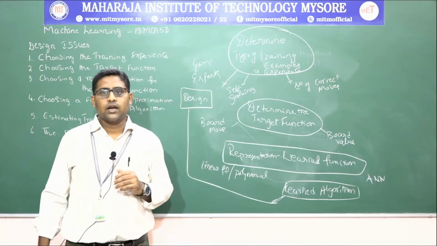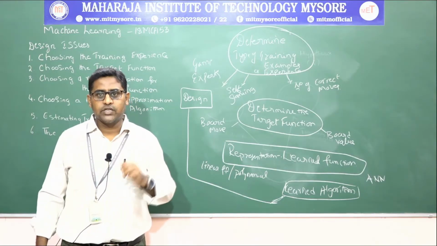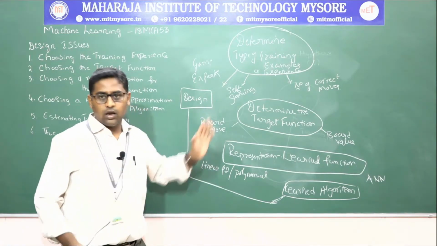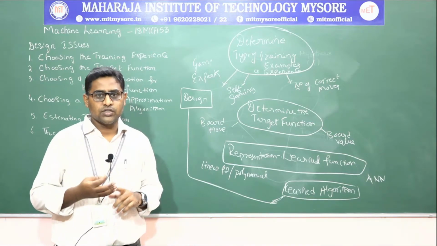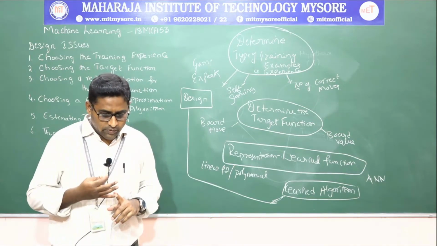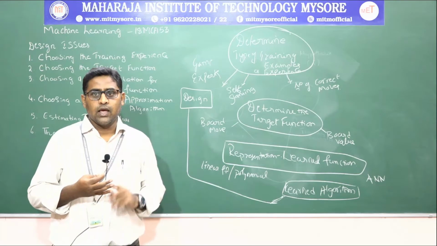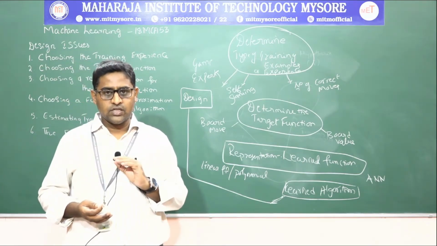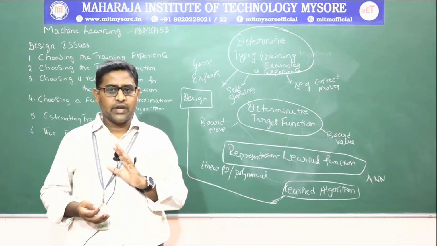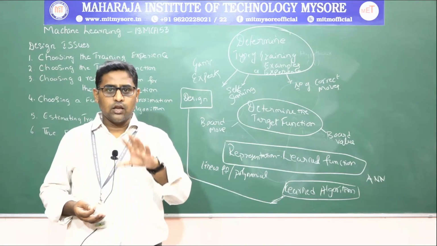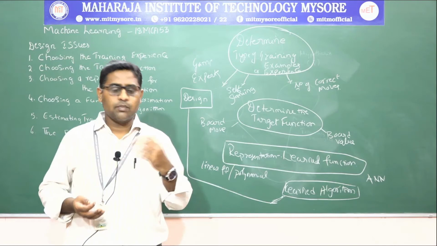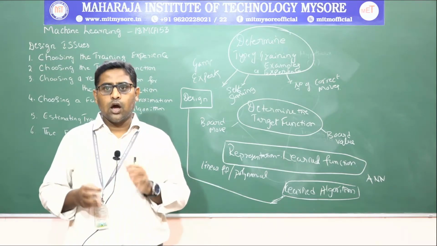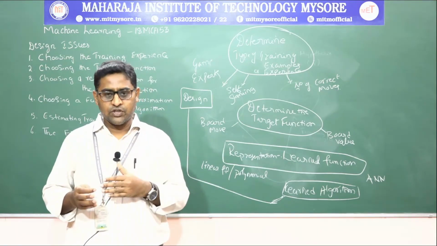Now the perspectives and issues of machine learning are like this: you need to answer a few more questions when we go with the concepts of machine learning. Like what algorithms exist for learning general target functions from specific training examples, or which algorithm performs best for which type of problems and representations, or how much training data is sufficient.